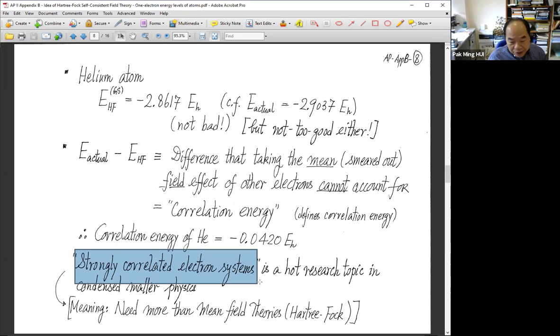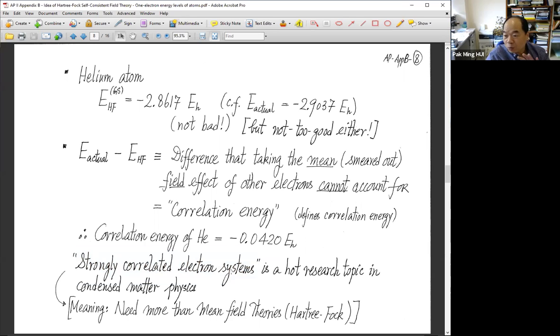For those systems, the interaction between electrons is so important or so strong that this kind of average field way is only the first step of handling such a system. We need to do a little bit better, okay?